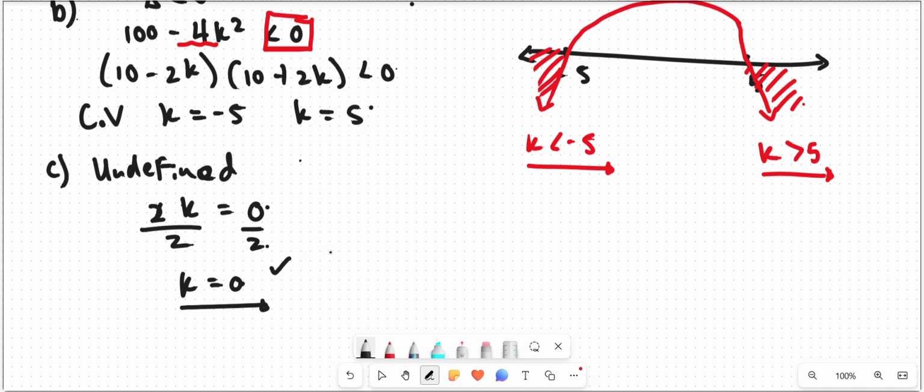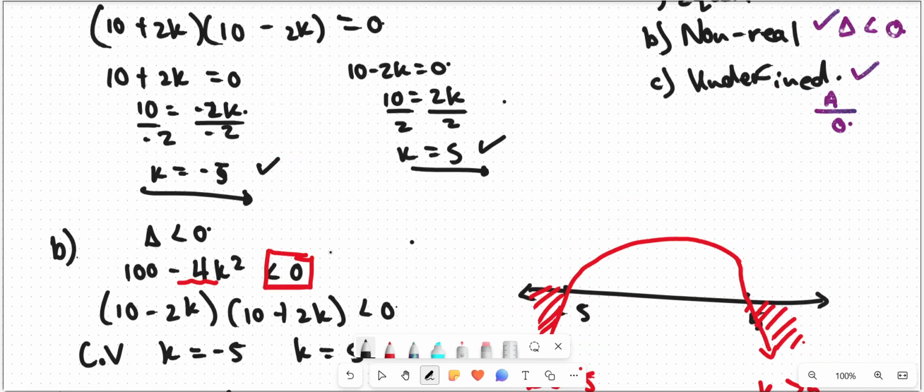Quite easy. And I hope you can see the variety of questions that could be tested for nature of roots. I hope you understand it. We started with the first types of questions, which are asking you to discuss. So we're actually solving for that discriminant. We're seeing what value it is, and we're saying something about those roots.